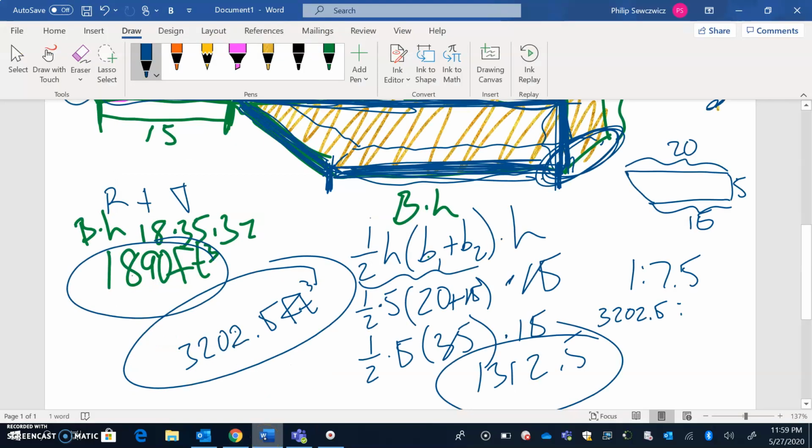So because the cubic feet came first, I had to write my cubic feet down first. And all we're doing to get over there is multiplying by 7.5. So I'm going to take this and multiply it by 7.5. If I reach for my calculator and multiply that times 7.5, I get 24,018.